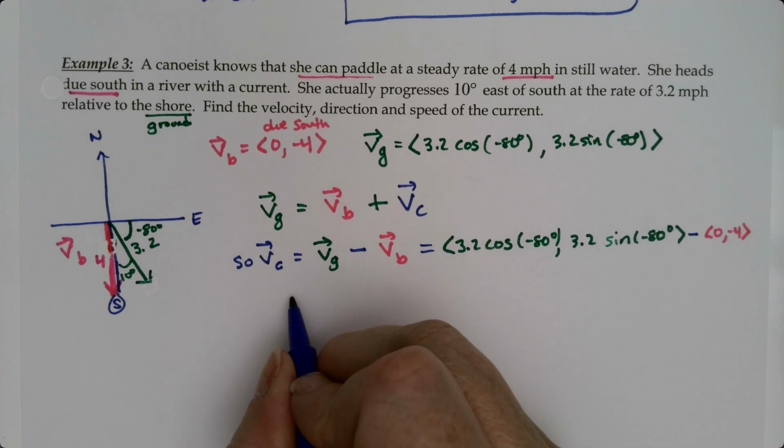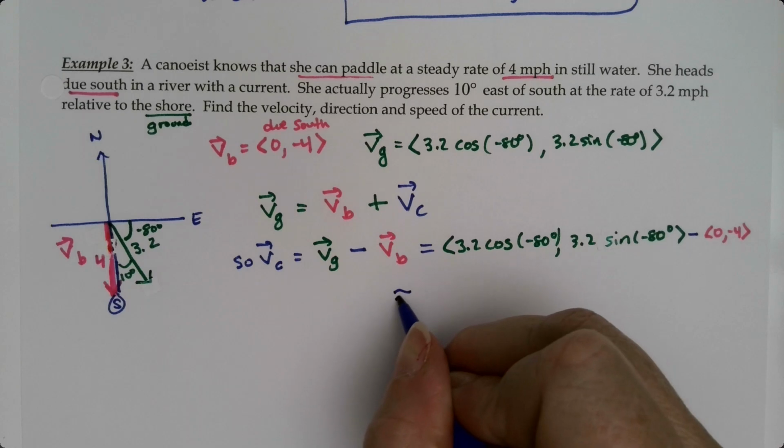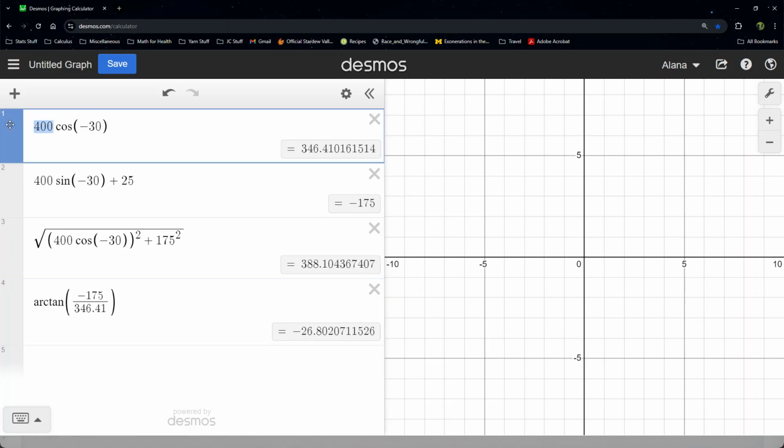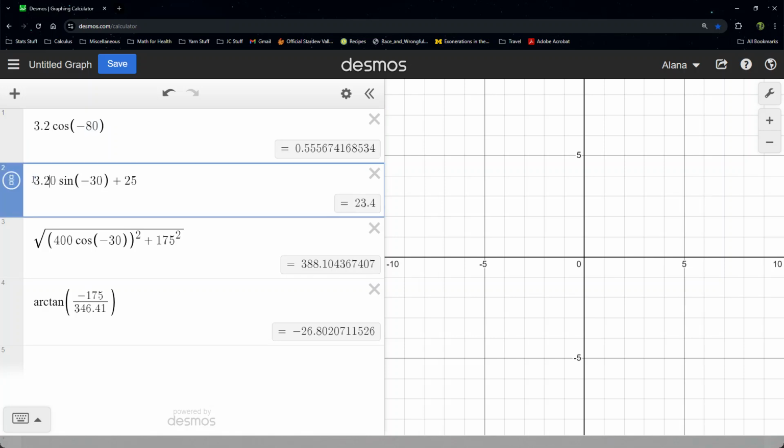Okay, so let's find what that is in a decimal approximation. So let's grab our handy dandy program and make it find some stuff for us. So 3.2 cosine of negative 80, 3.2 sine of negative 80, and we want to subtract a negative 4, so we want to add 4.